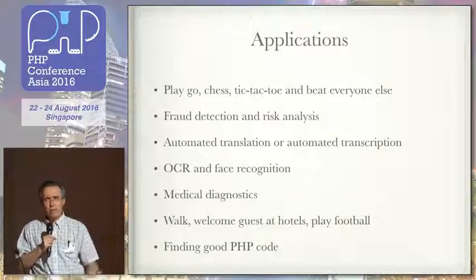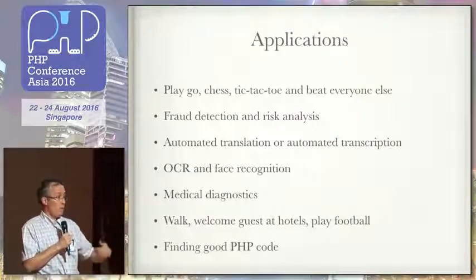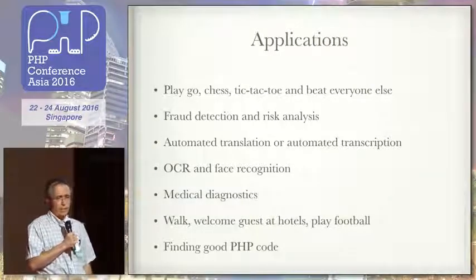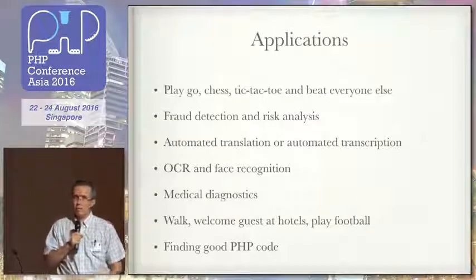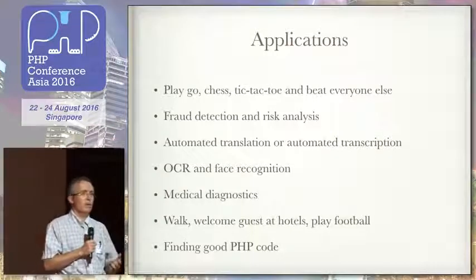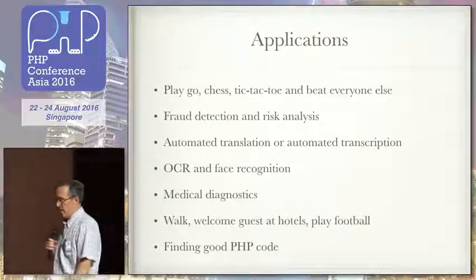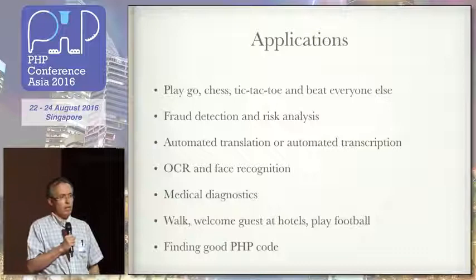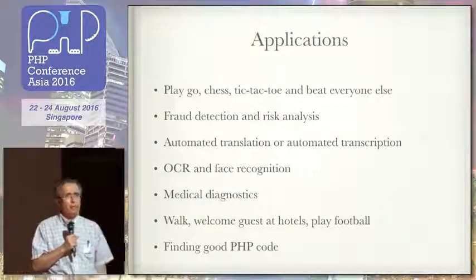That's a very difficult, very complex task, and it means lots of training. Then when you have it running, you want it to be fast and recognize characters quickly. So that's a good one. Medical diagnostics. Once you realize that your doctor is going to be replaced by a robot, that's machine learning. Probably not with PHP, but anyway. If you've seen robots walking, that's a lot of machine learning. Just like kids, they learn, they see, and then at some point it works.